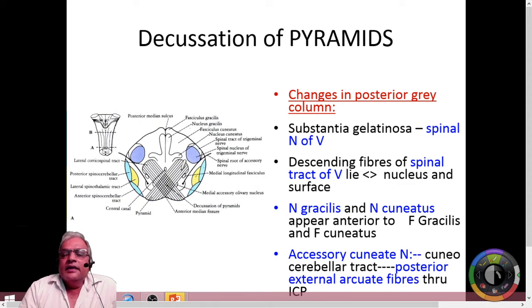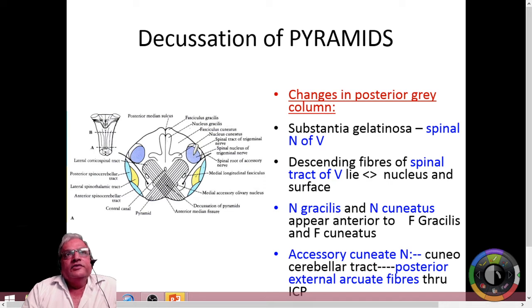So here, what happens to the posterior gray column as it comes to the level of the decussation of the pyramids and becomes the medulla? The substantia gelatinosa, which conveys pain, touch, and temperature, becomes the spinal nucleus of the trigeminal nerve. As you might remember, the trigeminal nerve is the sensory nerve of the face.